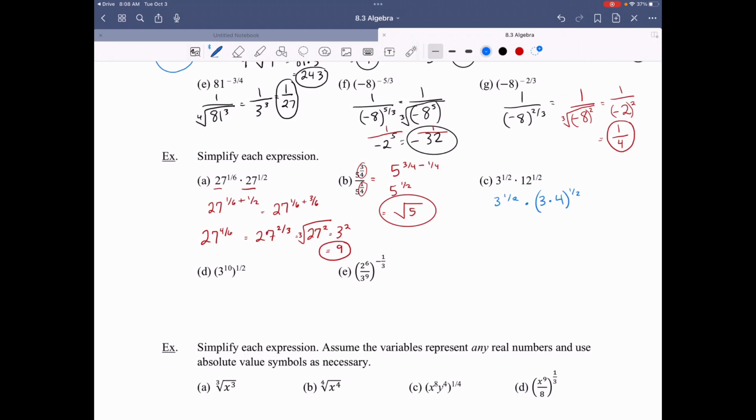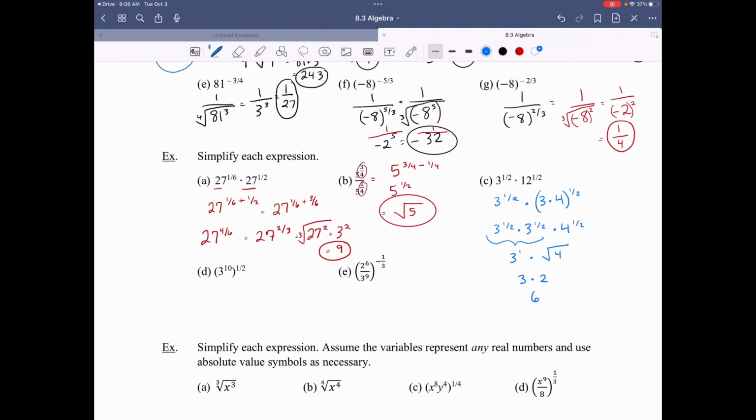And from here, we can put the 3 to the 1/2 together, like so. And if we add the exponents together, 1/2 plus 1/2 is to the 1st. And then we can rewrite 4 to the 1/2 as the square root of 4. And the square root of 4 is 2, so it's just going to be 3 times 2. So this one is equal to 6.